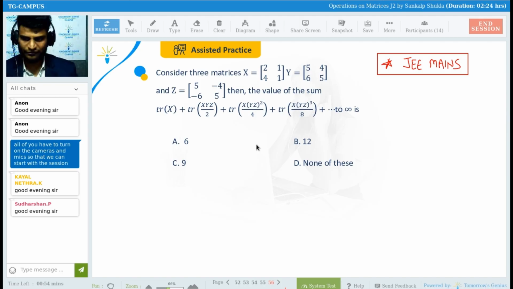What does this TR stand for? TR of X. Anybody, please put that in chat for me. What is this TR?